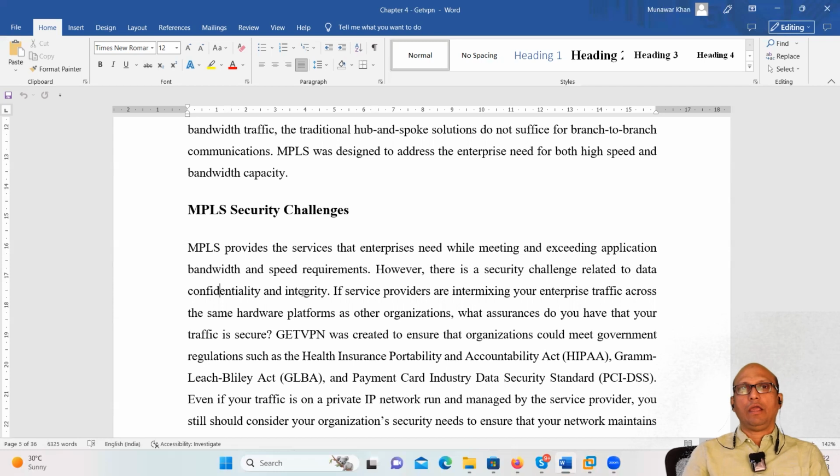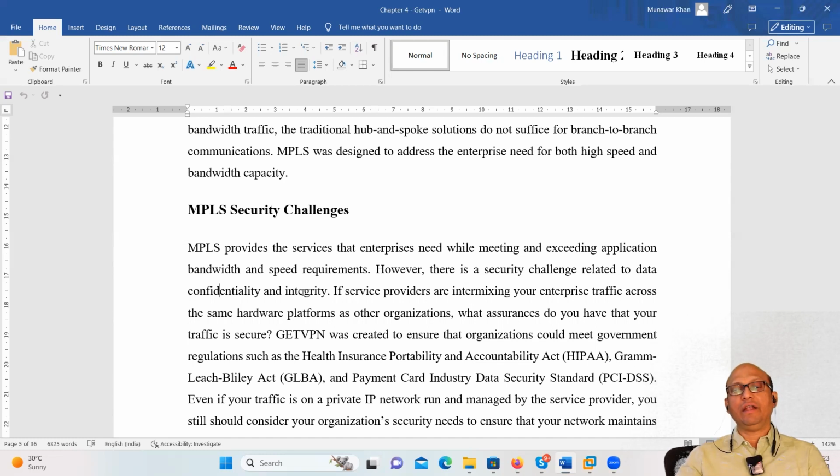Because in my office also, there are a lot of guests coming in, people coming from outside. They might take away. Just an example, I'm telling you. So MPLS also faces some challenges related to data confidentiality and integrity.